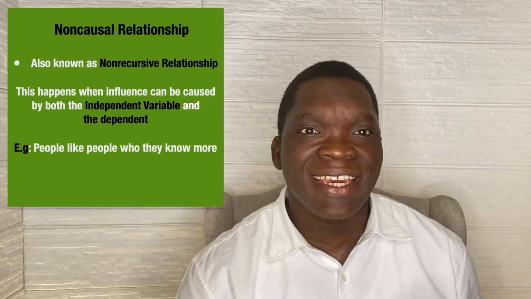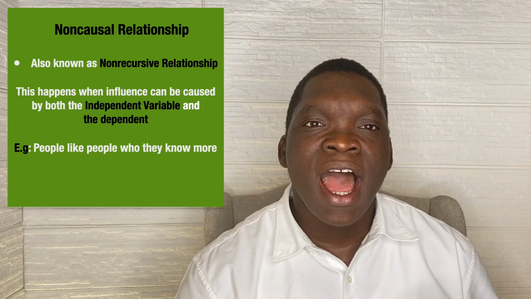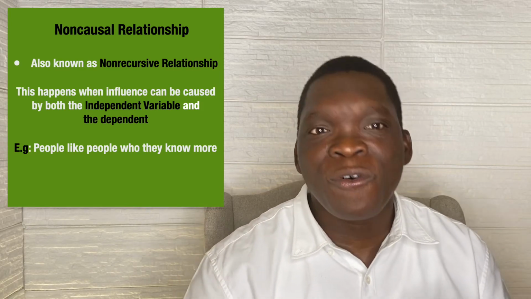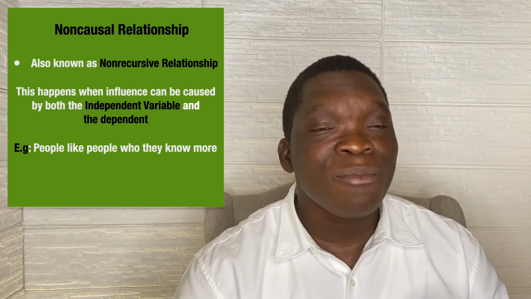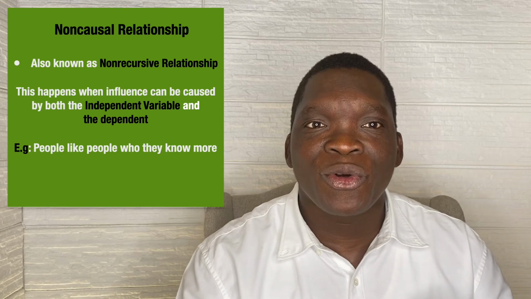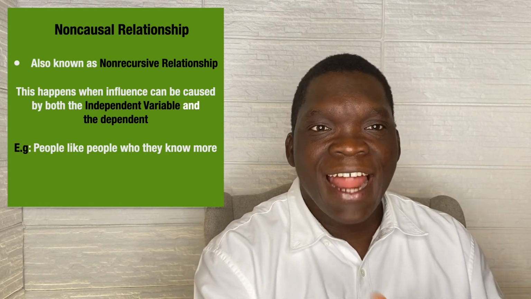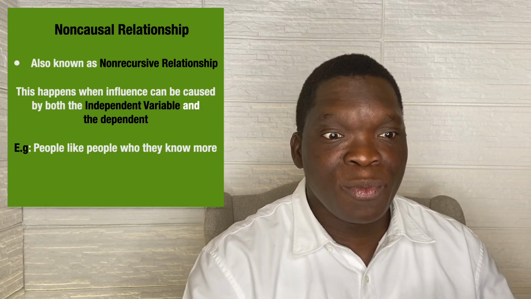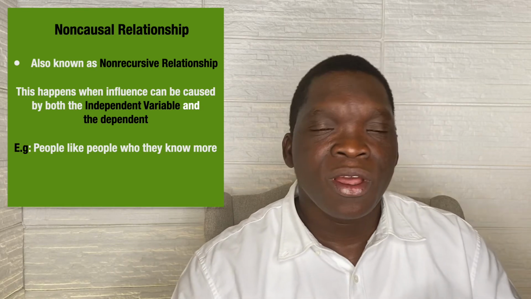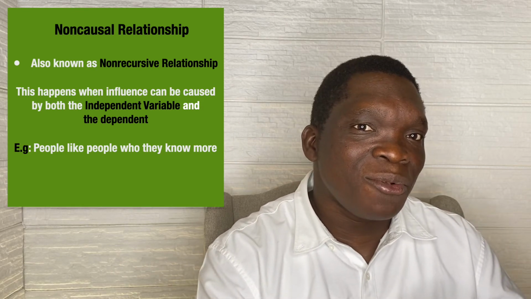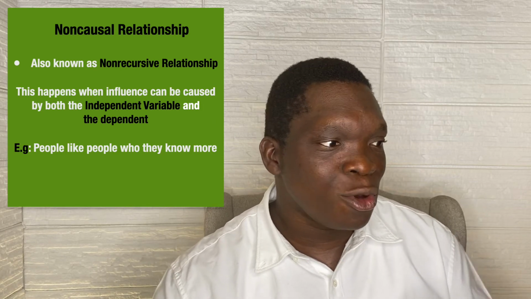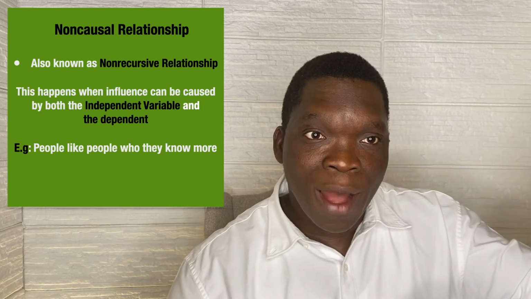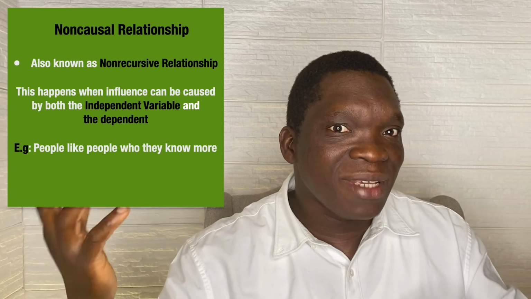It doesn't mean that independent variable has to happen first before dependent can happen. A good example is when we say people like who they know more, right? So likeness is the independent variable, and knowing more about people might be a dependent variable. The more you know about people, the more you like them, isn't it?